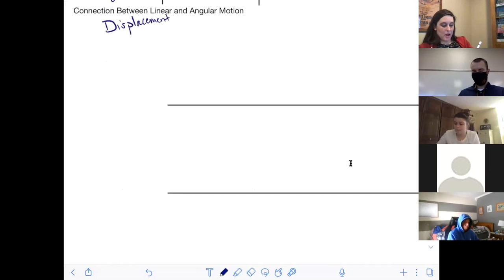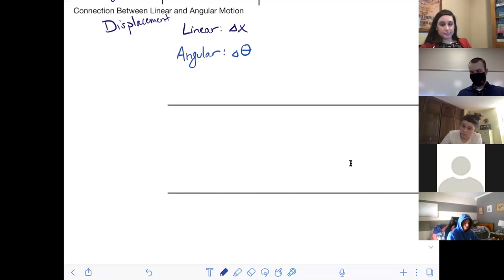When we talk about linear displacement, we were talking about delta x. And now in the angular frame, we're going to be talking about delta theta. Now these two things can be connected to one another.